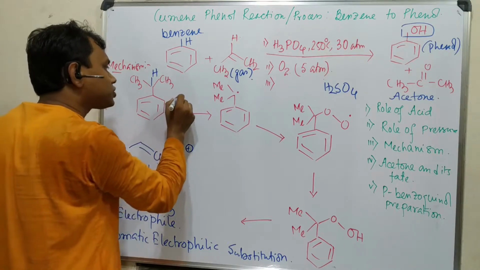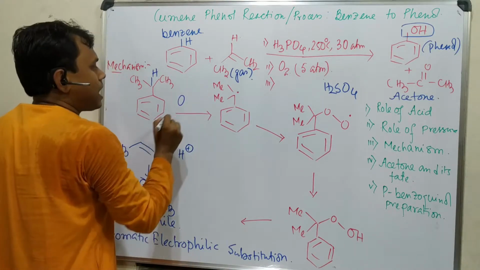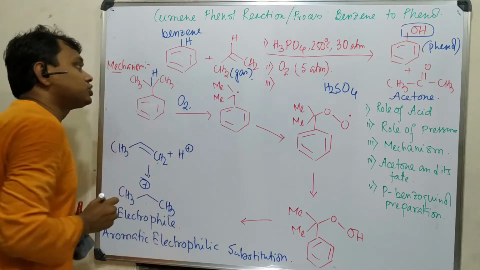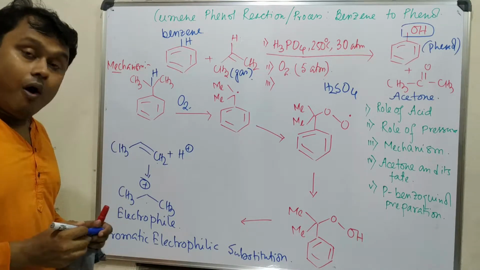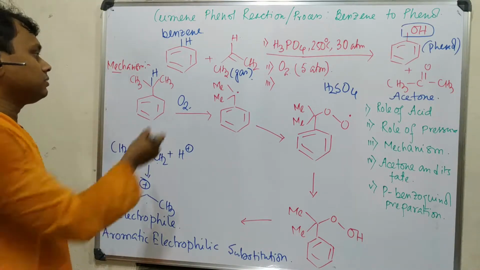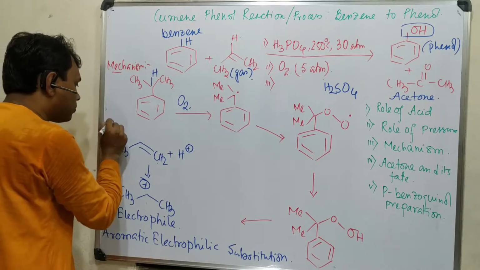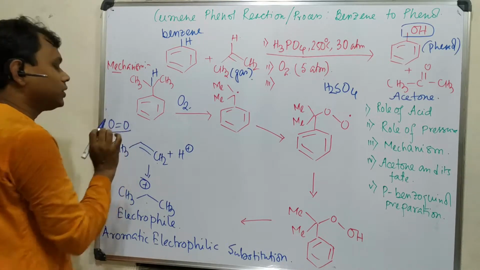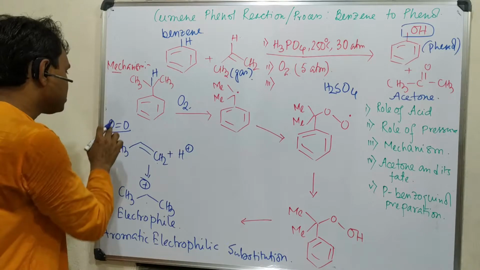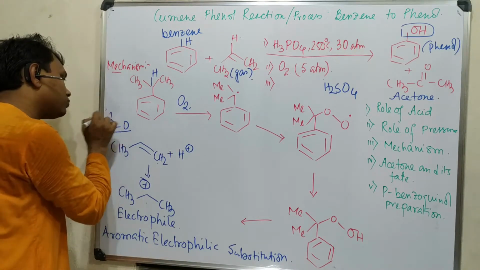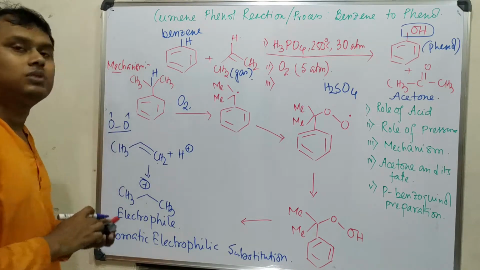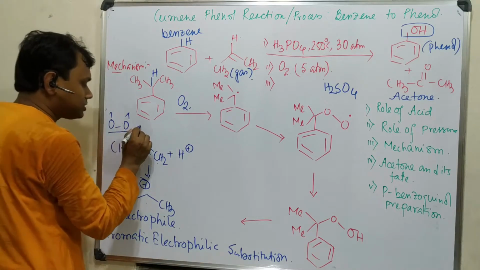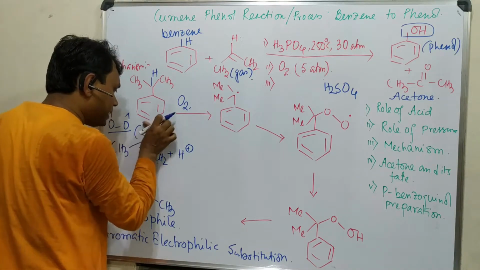it reacts with oxygen. Whatever we say about oxygen, we think it has an O=O double bond, but actually it is not. It remains an O-O single bond with one unpaired electron on this oxygen and one on this, and this is why this oxygen is called triplet oxygen.